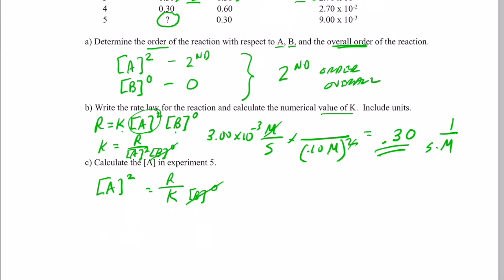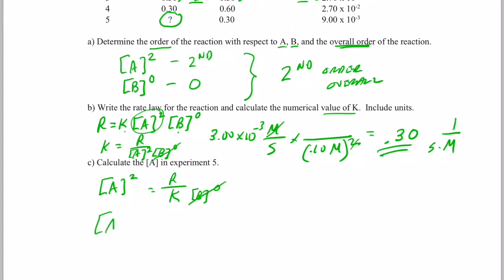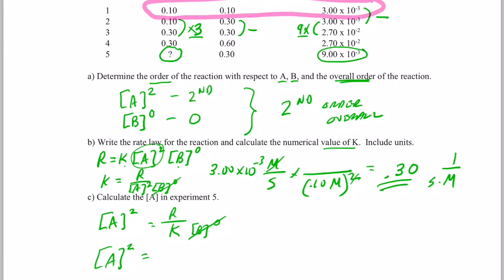So let's plug in some numbers here. A squared equals the rate during that experiment, which is 9.00 times 10 to the negative third molarity units per second, divided by K, which is 0.30 second molarity units.